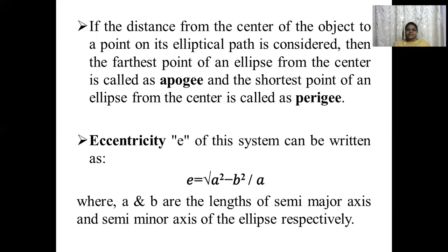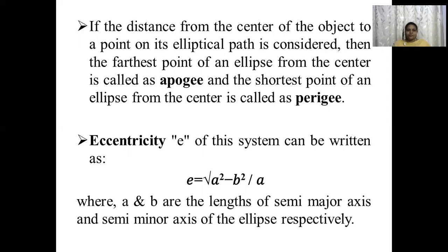Now, if the distance from the center of the object to a point on its elliptical path is considered, then the farthest point of the ellipse from the center is called apogee and the shortest point is called perigee. We have defined two parameters here: apogee and perigee.